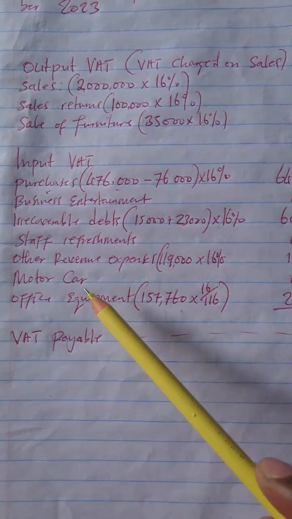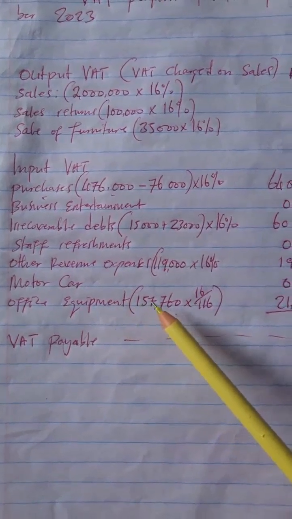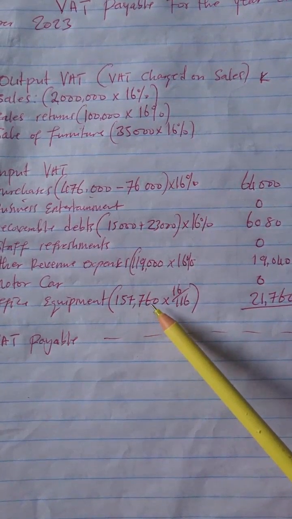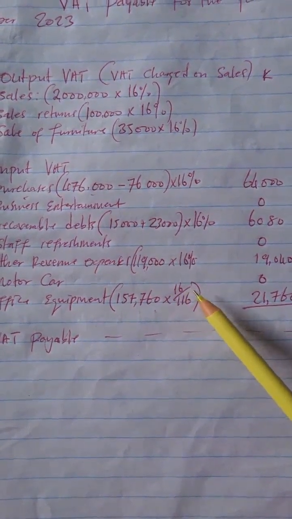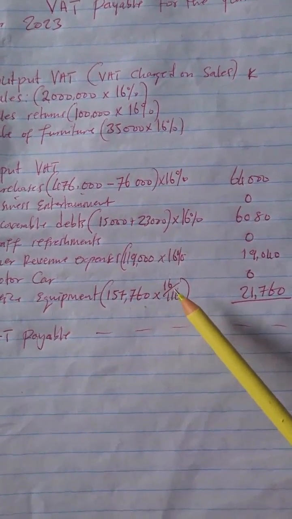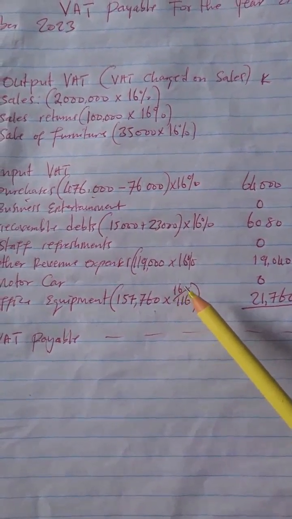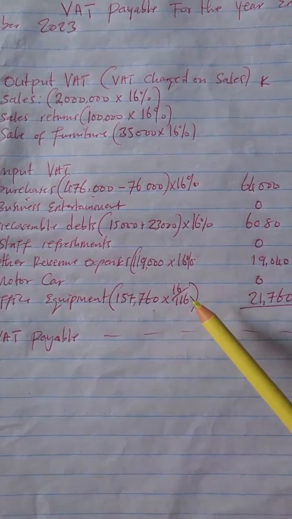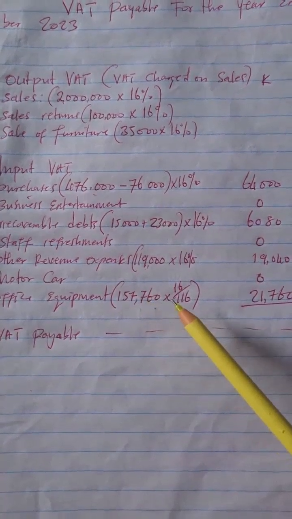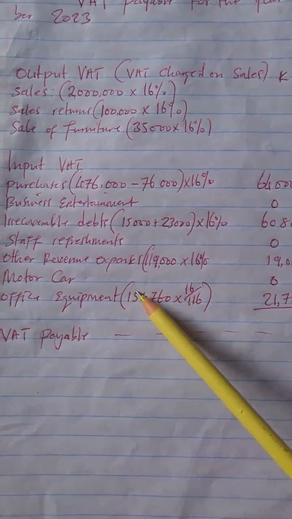So these figures were tax inclusive. When the amount is tax inclusive, it's assumed to be 100% plus the tax rate. So this amount is at 116%, where 16% is the tax rate. So you have to calculate it like this. You put 16 on top over 116, because this amount is assumed to be at 116 since it is already inclusive of the tax.